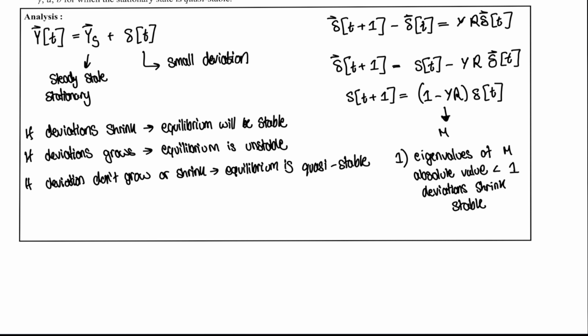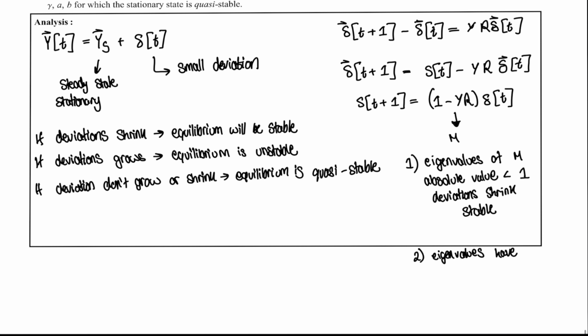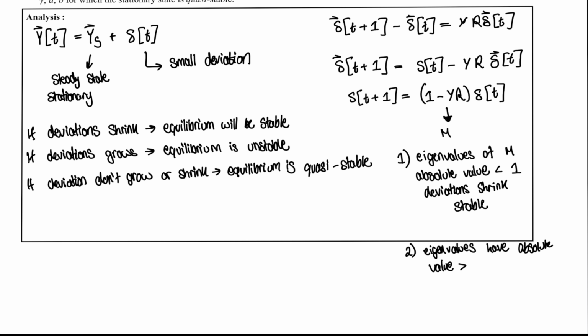So that's our first rule. Our second rule is if eigenvalues have absolute value greater than 1, deviations grow, and so it is unstable.